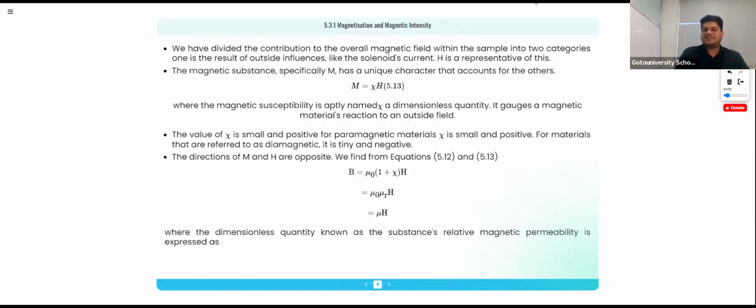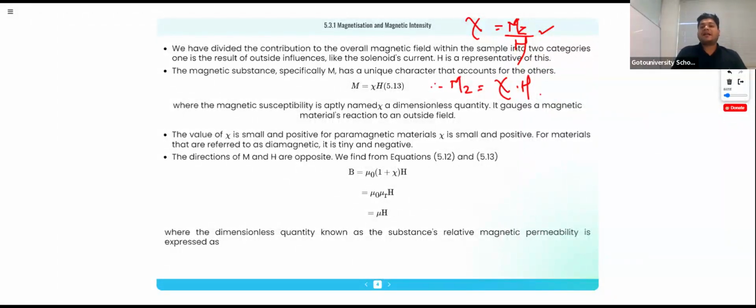Your magnetic susceptibility is defined as the ratio of magnetization to magnetic field intensity. So therefore, you can write that magnetization is equal to magnetic susceptibility times H. Any problem? No? So this is your magnetic susceptibility.